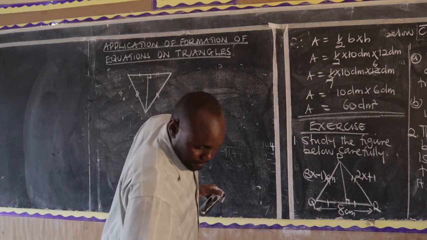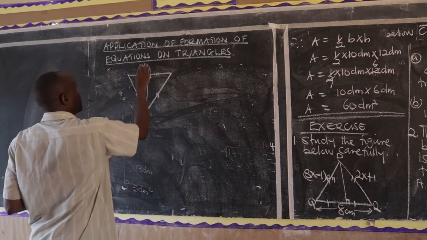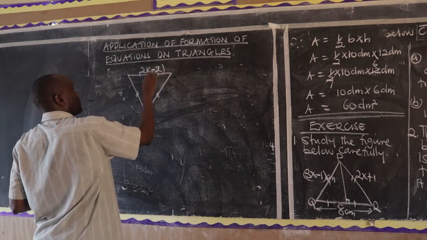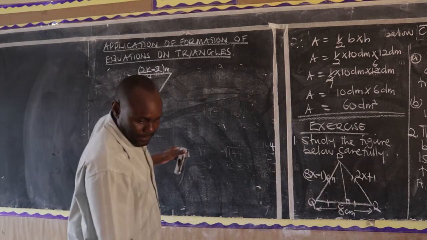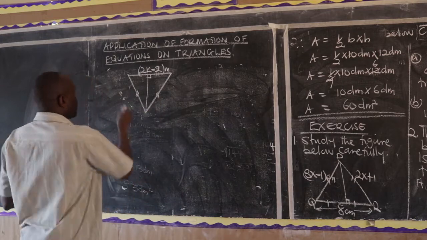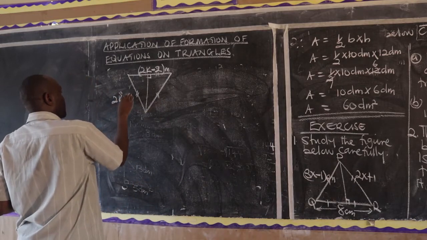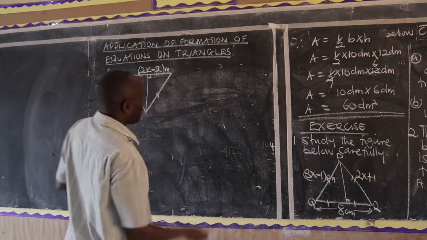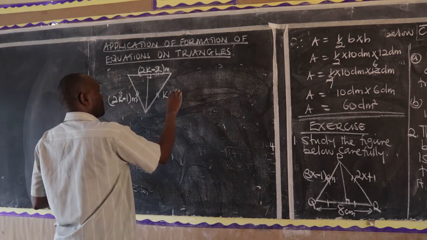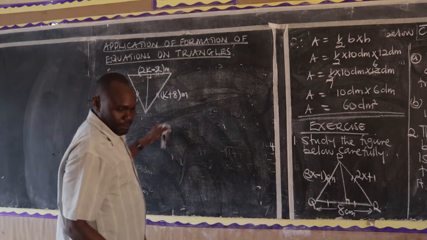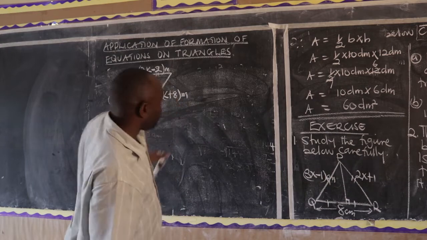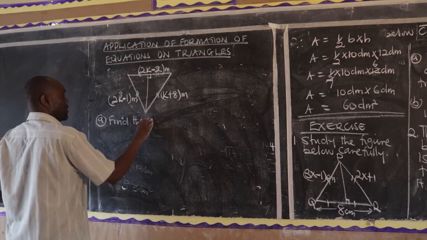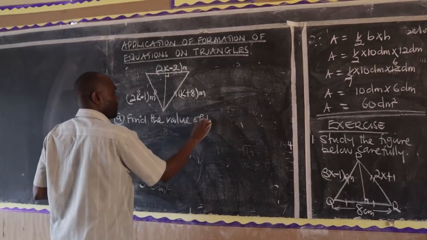So we have 2k minus 2 meters, 2k minus 1 meters, k plus 8 meters. Find the value of k.